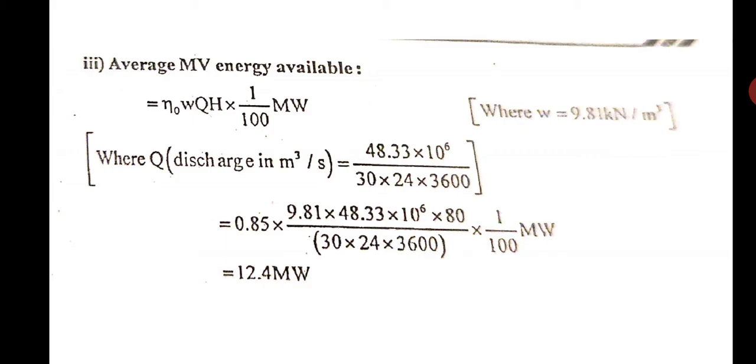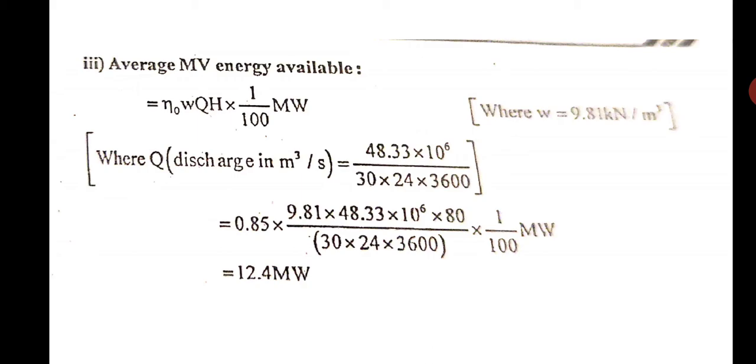So the equation becomes, efficiency is 0.85, it is given, G is 9.81, H is 80, given in the end, into 48.33 into 10 raised to power 6 divided by 30 into 24 into 3600, into 1 by 100. So you get the value as 12.4 megawatt.